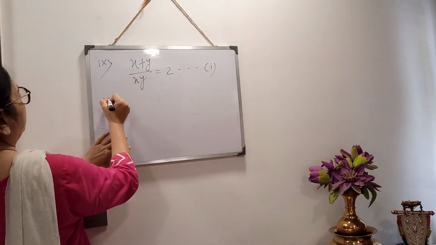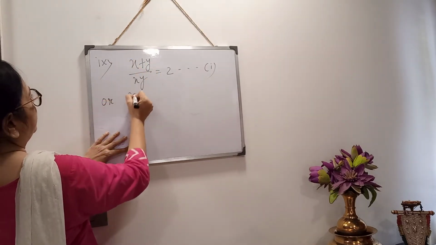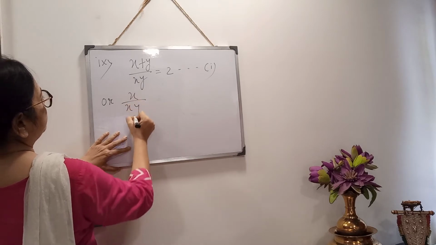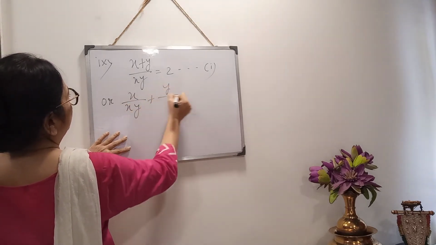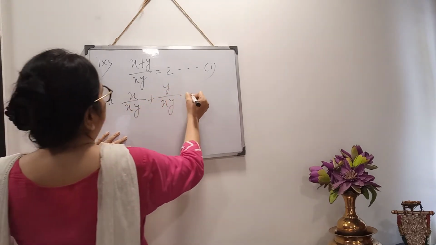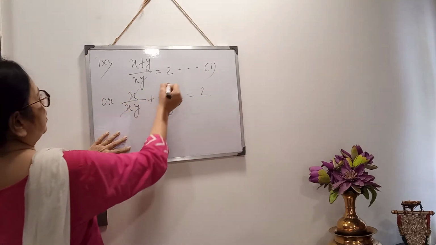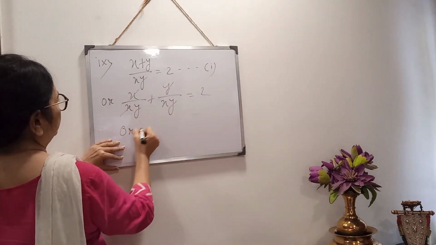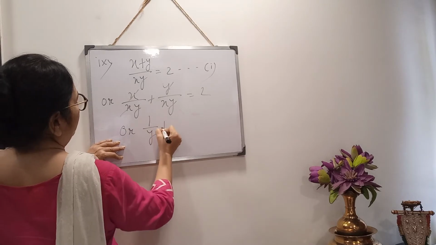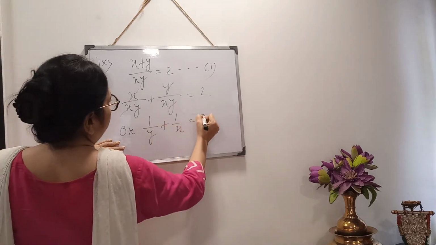Then from here we will separate and write in this way: x by xy plus y by xy. This is my second step. Now this cancels out, this cancels out. So we are getting 1 by y plus 1 by x equals 2.